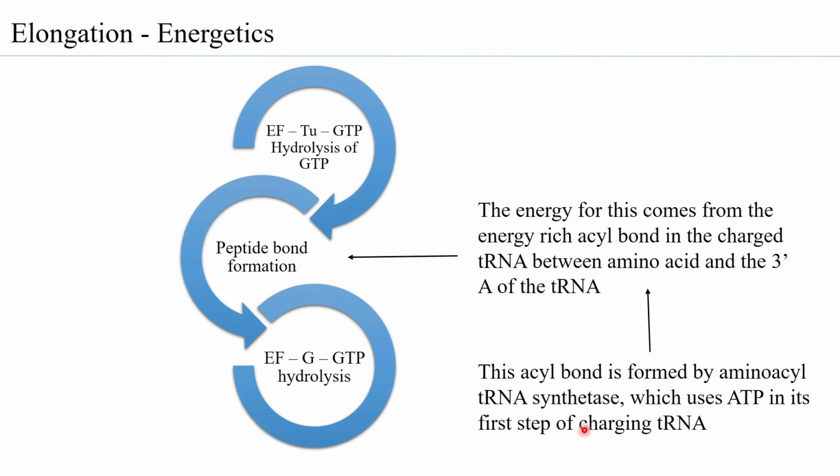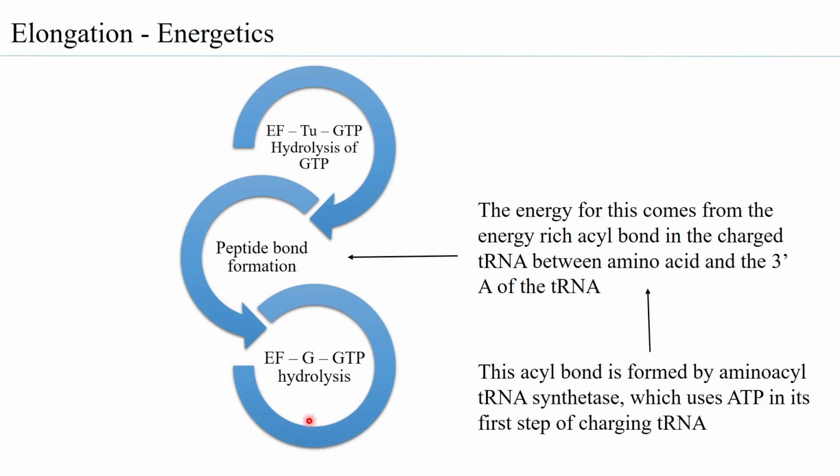And that acyl bond is storing the energy of that ATP used. Okay, and so the energy of that ATP is being used in the peptide bond formation. So that is another ATP molecule that is used.